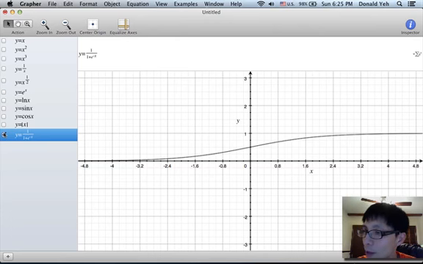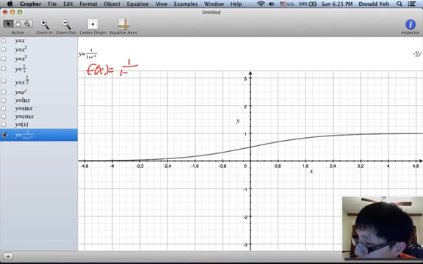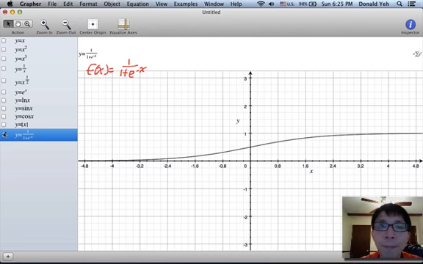And the logistic function is f of x equal to 1 over 1 plus e to the minus x. Do you need to memorize it? For me, I don't care that much. You probably get tested. Just tell me how to graph this.